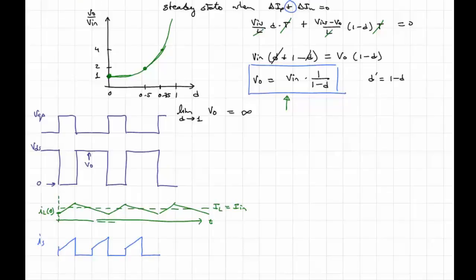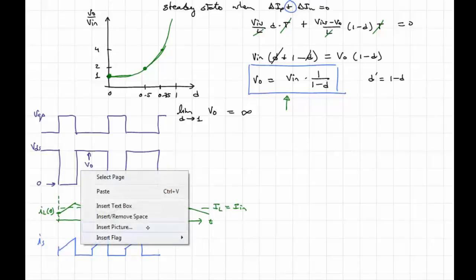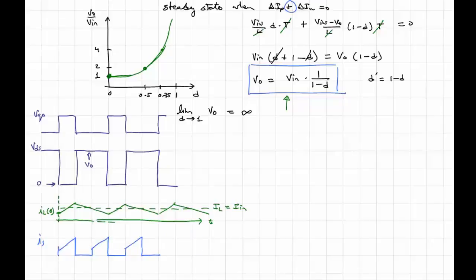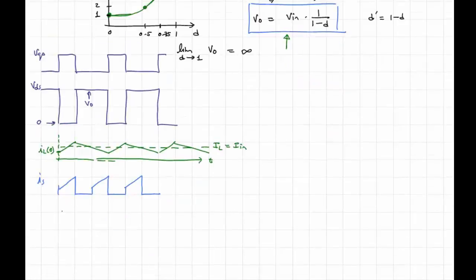And then lastly, we'll do the diode current, and it will look like this. So this will be I diode. And notice again that these two, if you add them together, give you the inductor current.